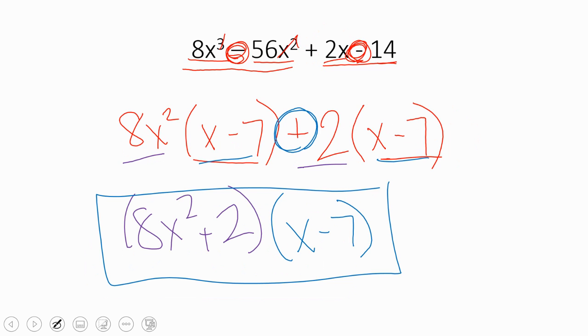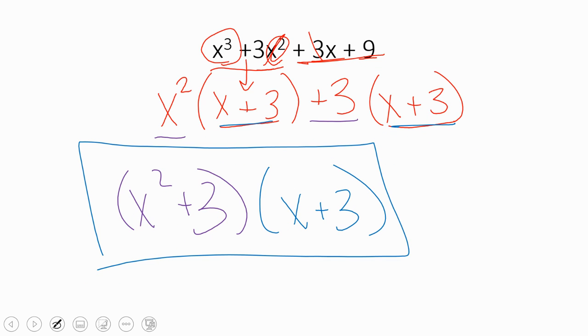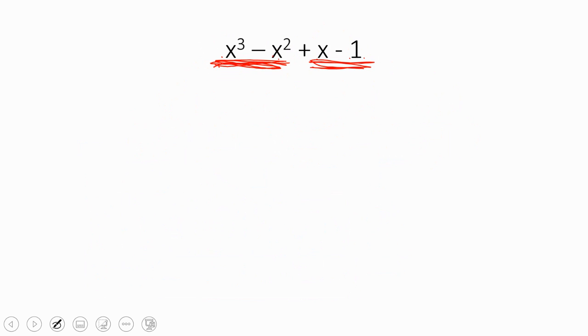The other thing that would be a problem would be if you had positive, negative, negative, positive. They have to follow the same pattern. Since they follow the same pattern, I don't need to worry about the negatives.